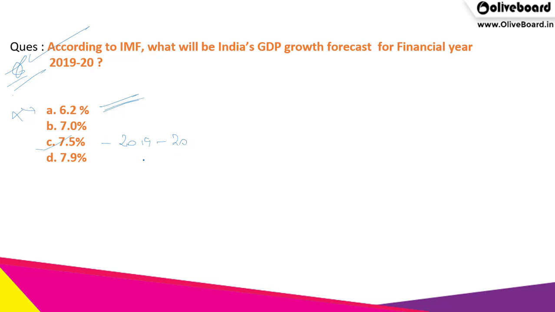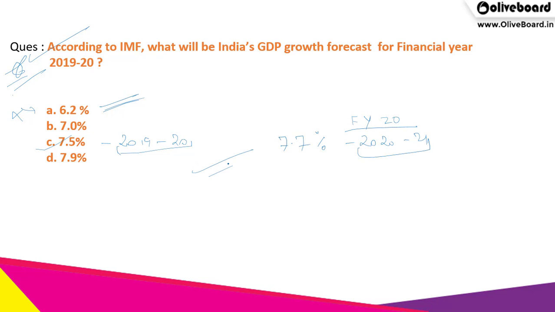These kinds of questions have been asked in exams like RBI, SEBI, SBI PO. The forecast may come from the IMF, World Bank, RBI, or the Ministry of Finance. So it is 7.5% for 2019-20 and 7.7% for 2020-21. Financial year 20, we name it FY20.